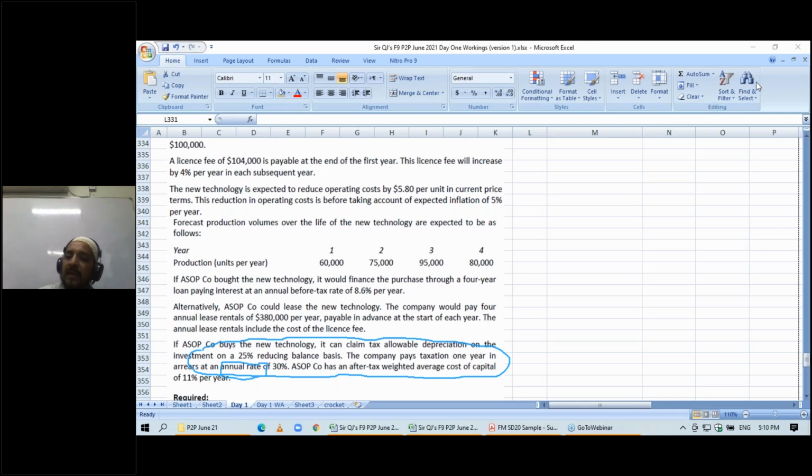So first, let me make the cash flows, and then we will calculate the net present value of the buying and leasing options. Let me first do the buying option.